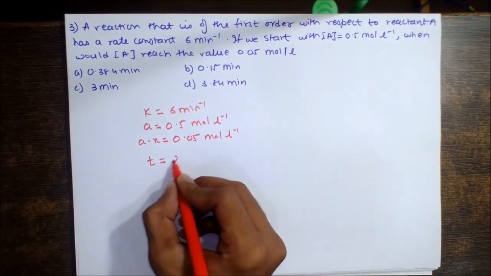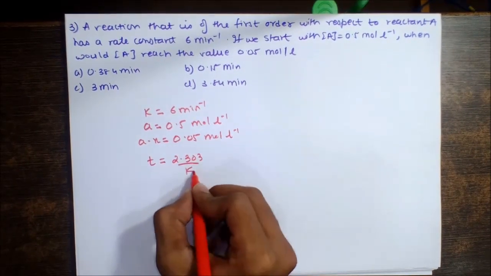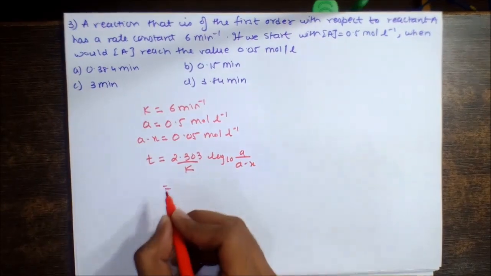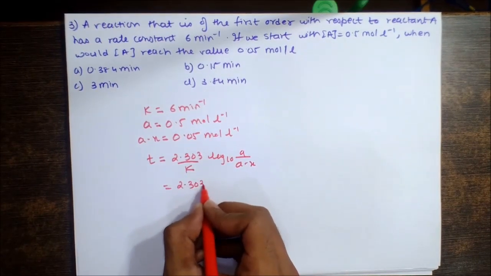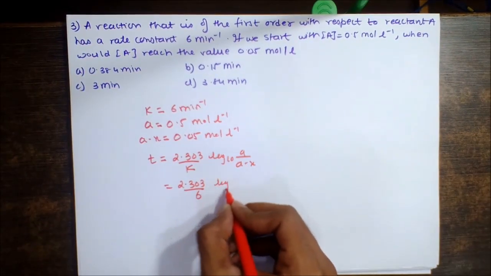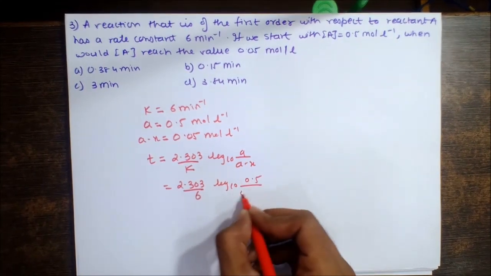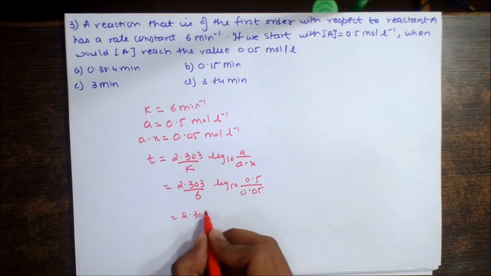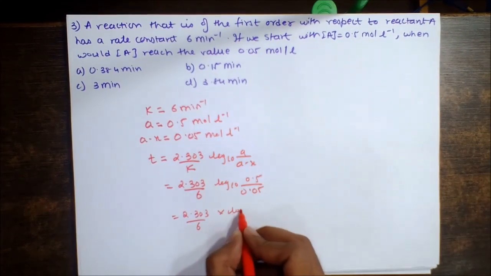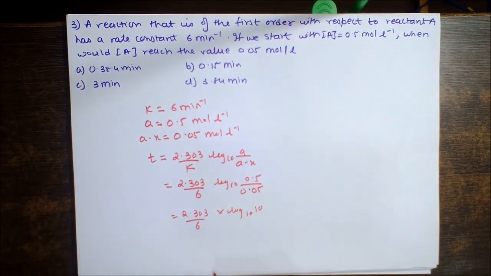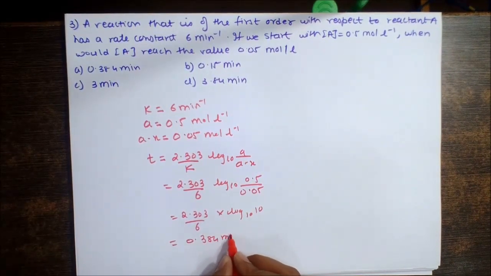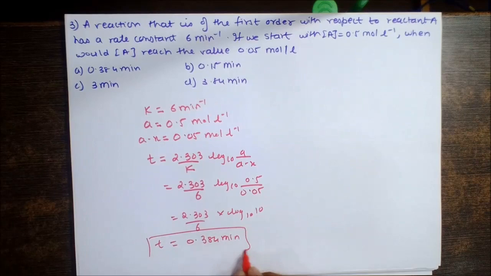Here t will be equal to 2.303 upon k log to the base 10 a upon a minus x, which is 2.303 upon 6 log to the base 10 of 0.5 upon 0.05, which equals 2.303 upon 6 into log 10 to the base 10, which would be equal to 0.384 minutes.